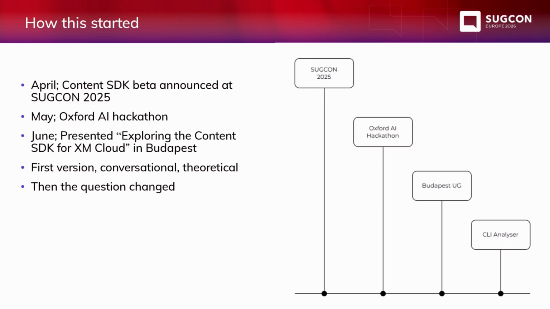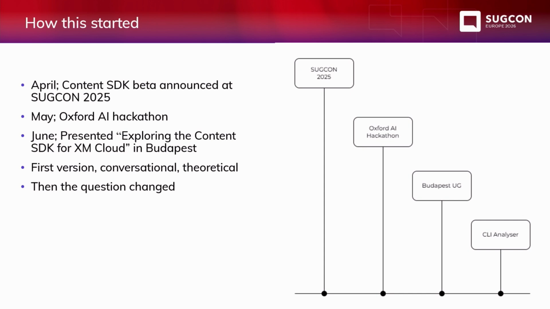I joined a hackathon sponsored by 11 Labs, and we worked with LangChain to build a voice experience that had nothing to do with Sitecore. It was to do with using technology to solve a crisis of isolation and loneliness in our communities using AI, which I thought at the time was slightly odd, seeing as AI is potentially the cause of some of those problems. But there you go.